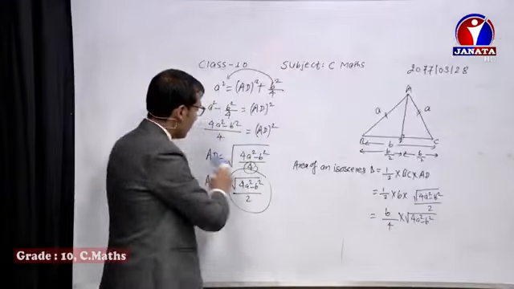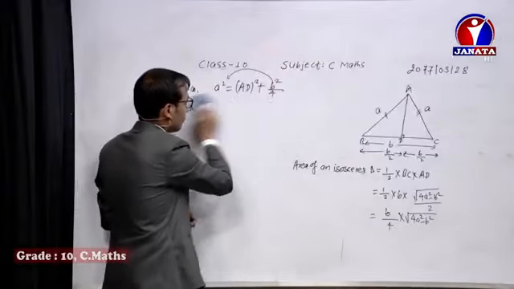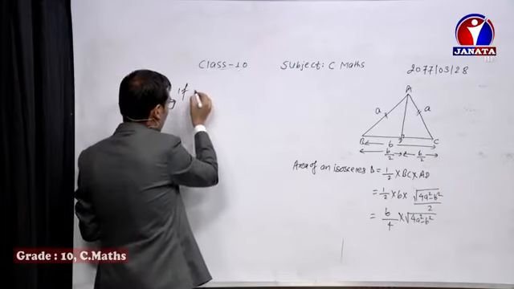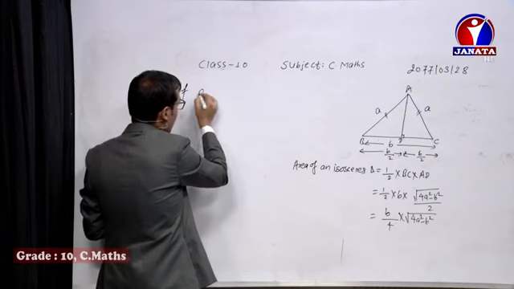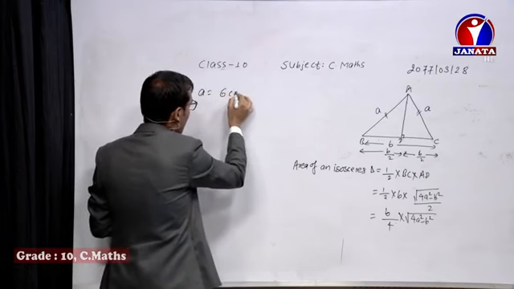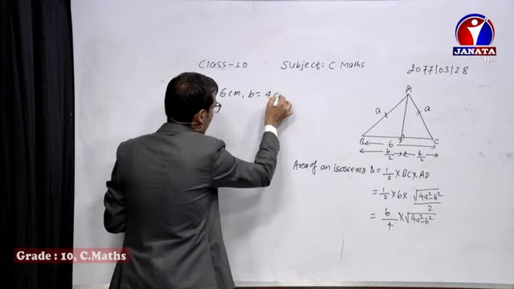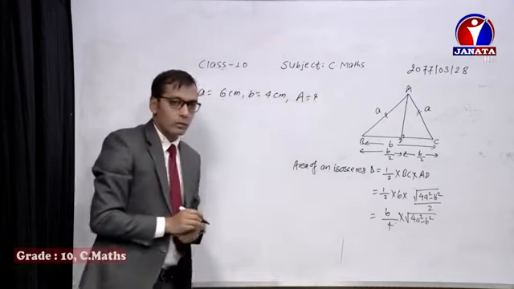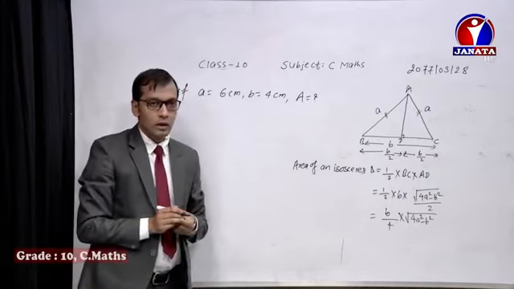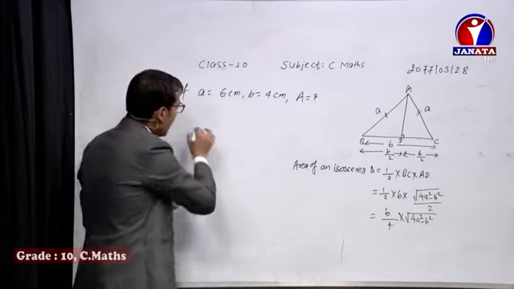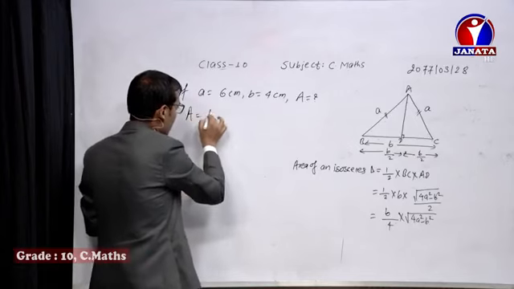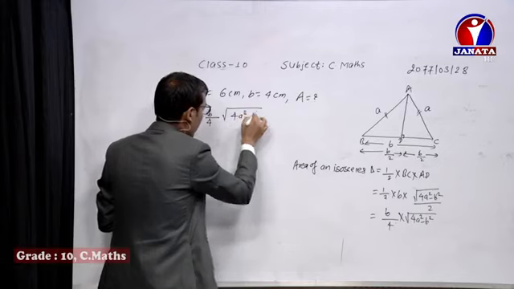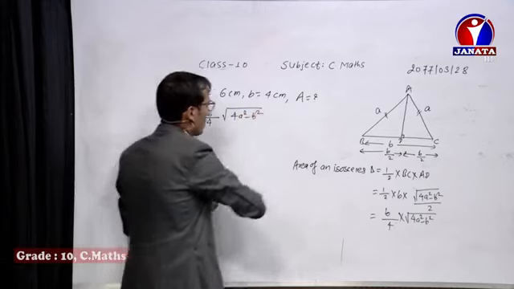So let's take an example. In an isosceles triangle, if A is 6 centimeter and B is 4 centimeter, what is its area? I'm talking about an isosceles triangle. So area of an isosceles triangle is b over 4 times square root of 4a square minus b square. So what is base?